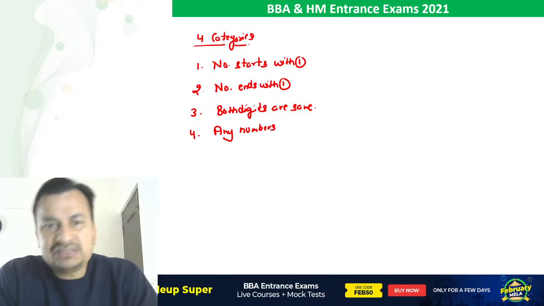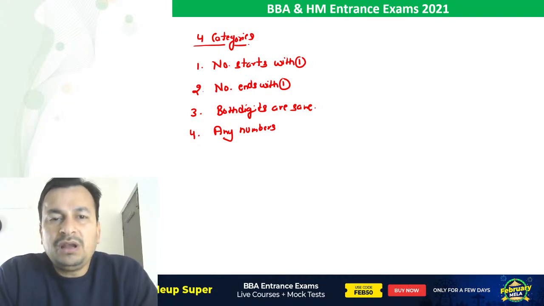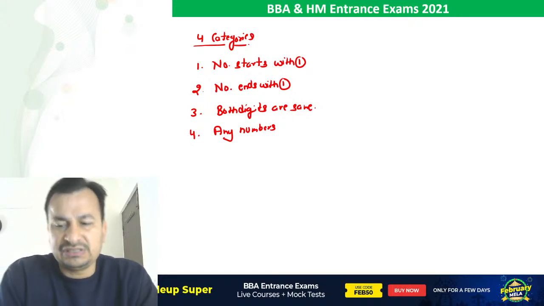Let's start with category number 1. How do we find the cube of a 2-digit number that starts with 1? Now listen to me very carefully, my dear students.